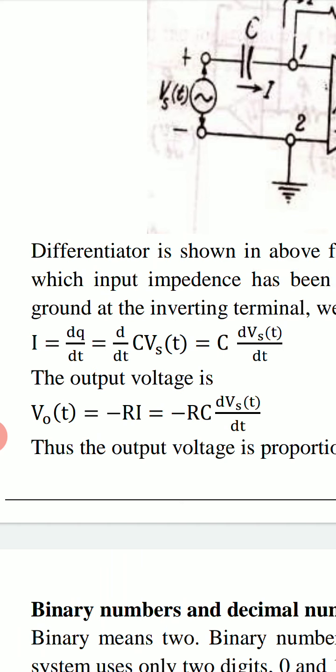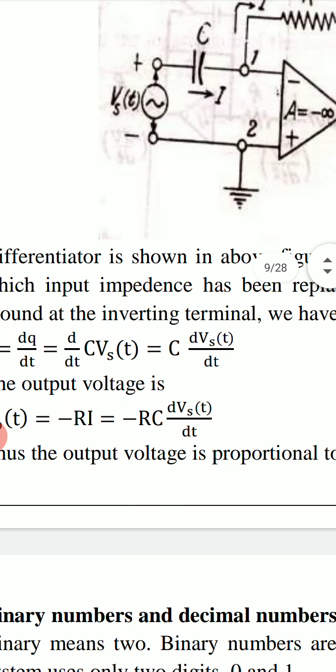I is the current flowing through this capacitor C due to the input signal voltage Vs(t) applied between the inverting terminal minus and ground.